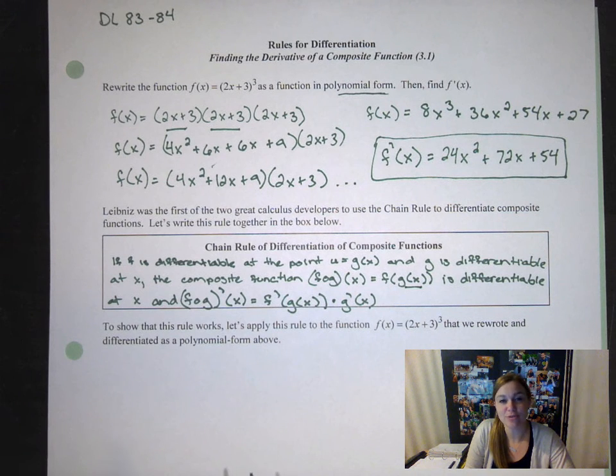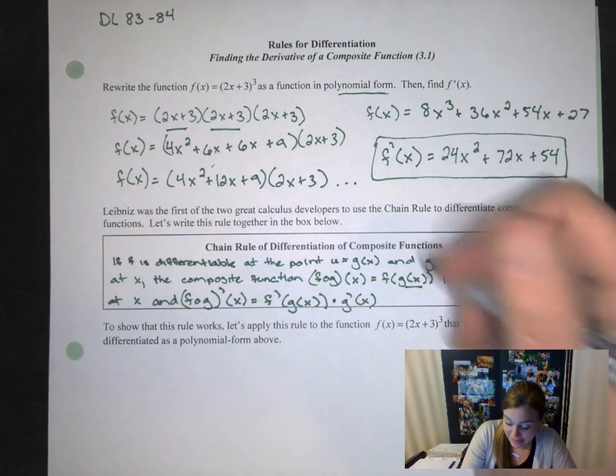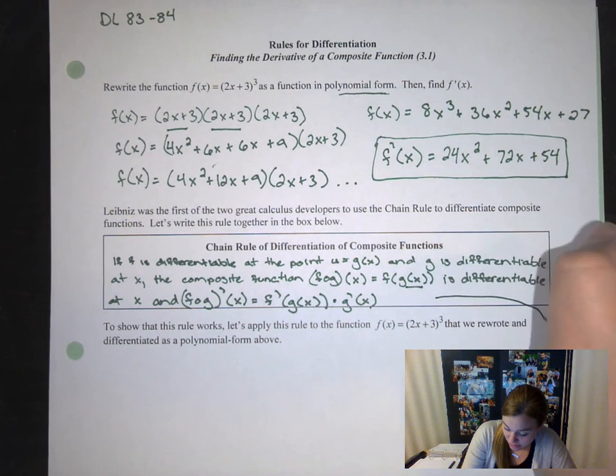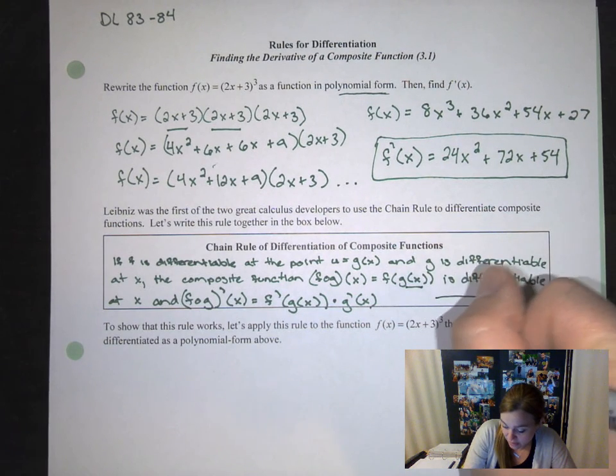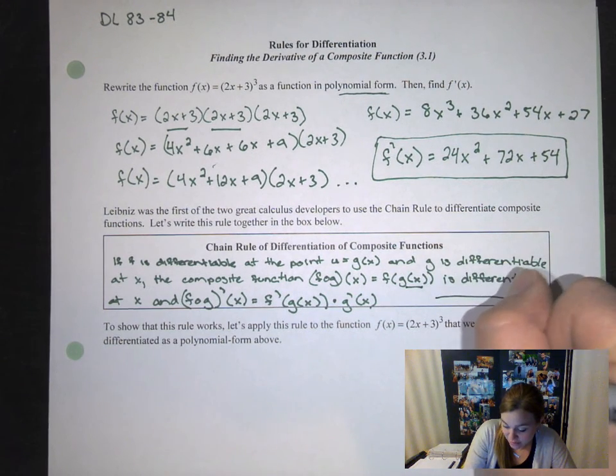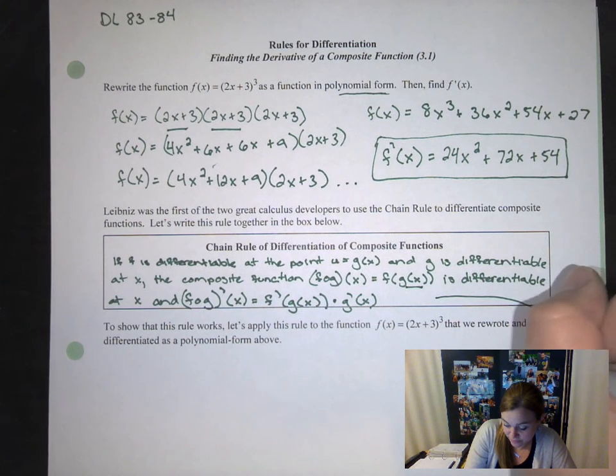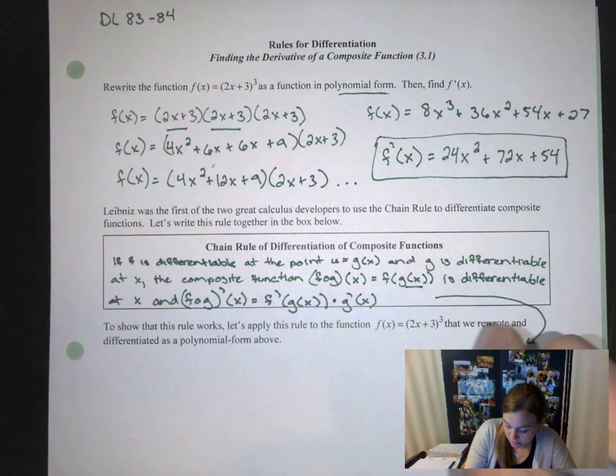So just like all the other ones, we had the product rule, and we could say the first times the derivative of the second plus the second times the derivative of the first, or the quotient rule where we did bottom times derivative of the top minus top times derivative of the bottom over the bottom squared. Here, for the chain rule, we're going to say, I'm going to write this down here, just so I have some room. Take the derivative of the outside function.